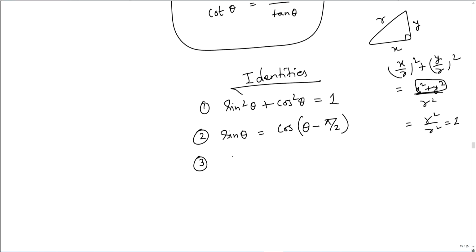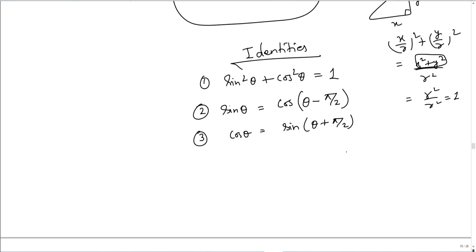Then cos theta is equal to sine of theta plus pi by 2. So after every pi by 2 interval, sine theta behaves like cos theta, and the value it takes is the value of the function cos theta.